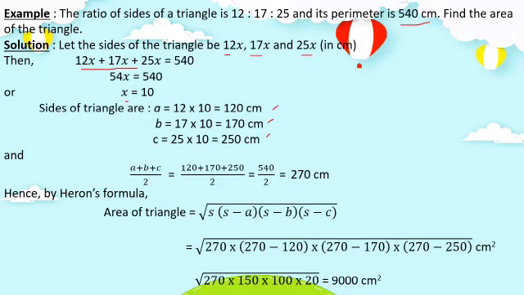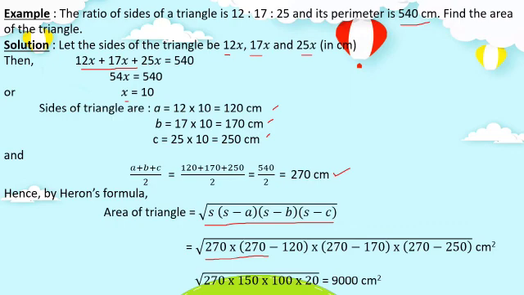Therefore, semi-perimeter is equal to half of 540, that is 270 centimeter. Now we will apply the formula. Area of the triangle is equal to root of s into s minus a into s minus b into s minus c. Substitute the values. That is square root of 270 into 270 minus 120 into 270 minus 170 into 270 minus 250.